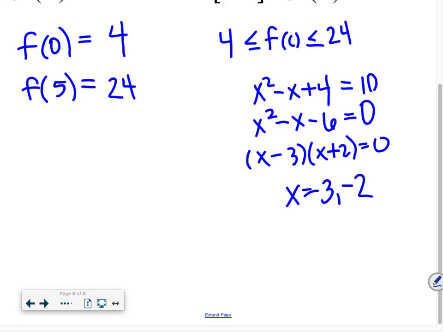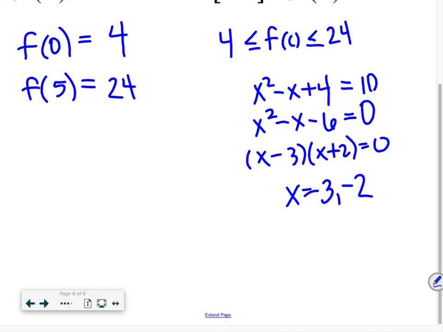I heard lots of no's. Andre, you shook your head no. Why? Only one of them will equal 10. If you plug in 3, that's 9 minus 3 plus 4, which is 10. And for negative 2, that's 4 plus 2 plus 4, which is also 10.